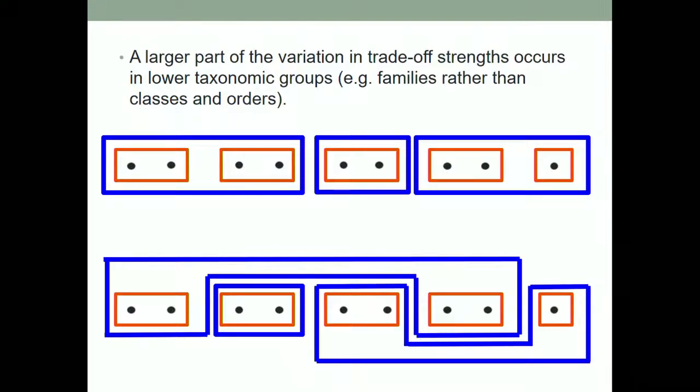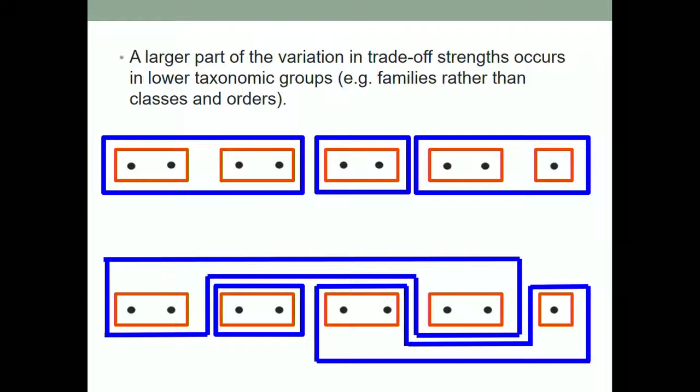This isn't phylogenetically related, I will come back to that later. We're talking purely hierarchical taxonomy. So you're assuming the differences in trade-off traits happen lower down. That's the first example.